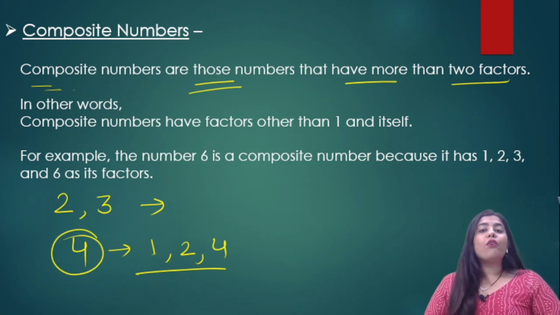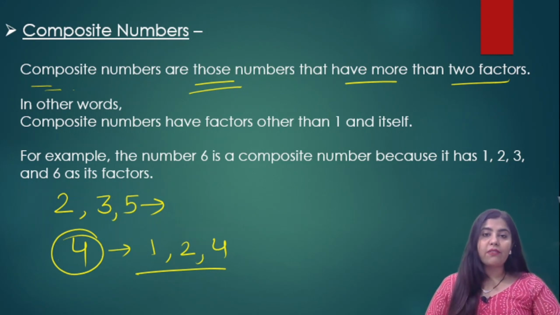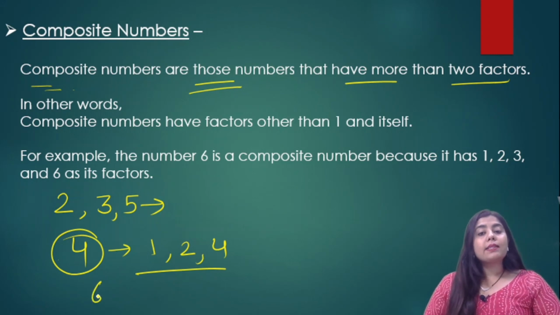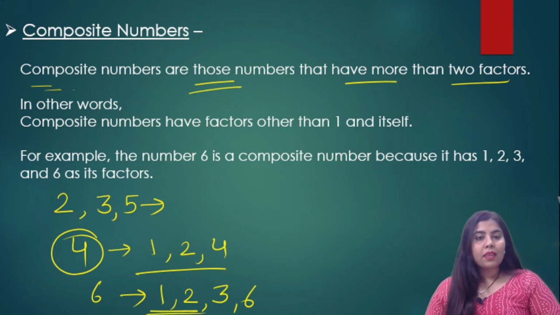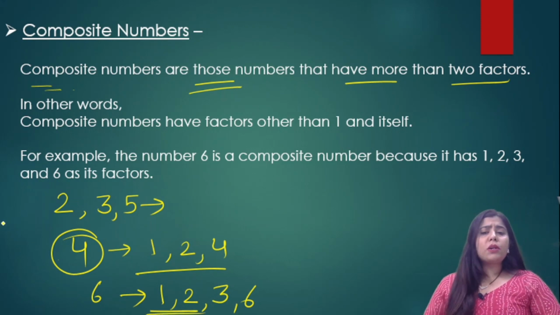Clear? Now 5, we learned that 5 is a prime number because it has only 2 factors, 1 and 5. Now next, 6. 6 has 4 factors, 1, 2, 3 and 6, right? So this is also a composite number. Okay, now if we talk about suppose 10.